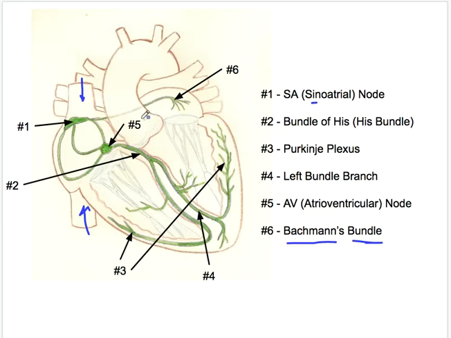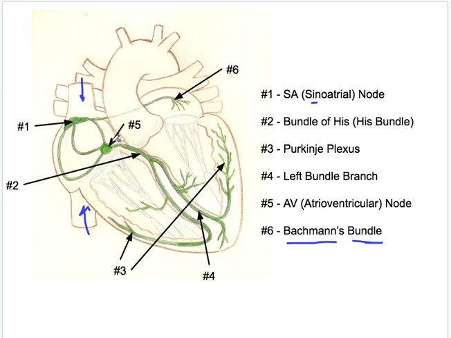So once the message gets sent out from the sinoatrial node to Bachmann's bundle, that's going to cause the atria to contract, which is going to push the blood down into those lower ventricles. And that actually isn't labeled on your diagram when you go to color 105. Just be aware of that. There is a specialized network of fibers that run underneath the aortic arch along into the left atria.